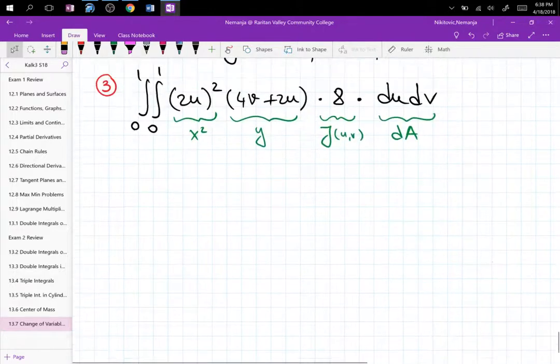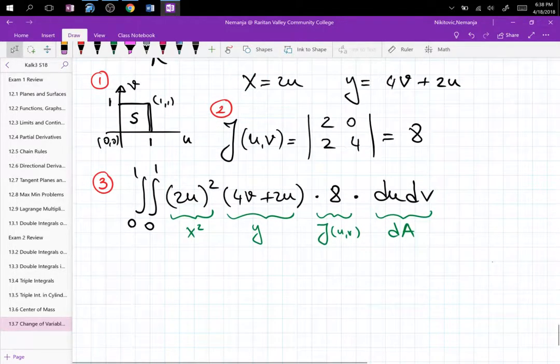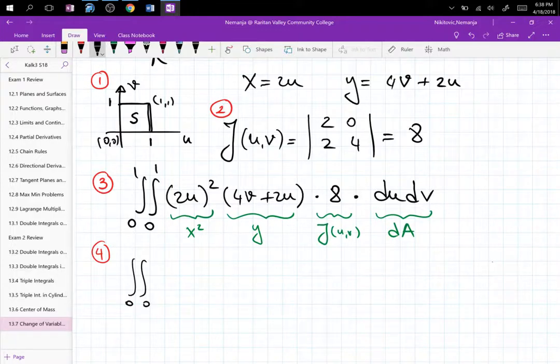That's a little bit too much. There we go. Number 4, solve. First we have to multiply everything. Observe that I have 2 squared times 8, that's 32 in front of the integral. And now I have u squared multiplying the entire, oh, I can actually put 64 in front, because I can factor out 2 from the y parenthesis.